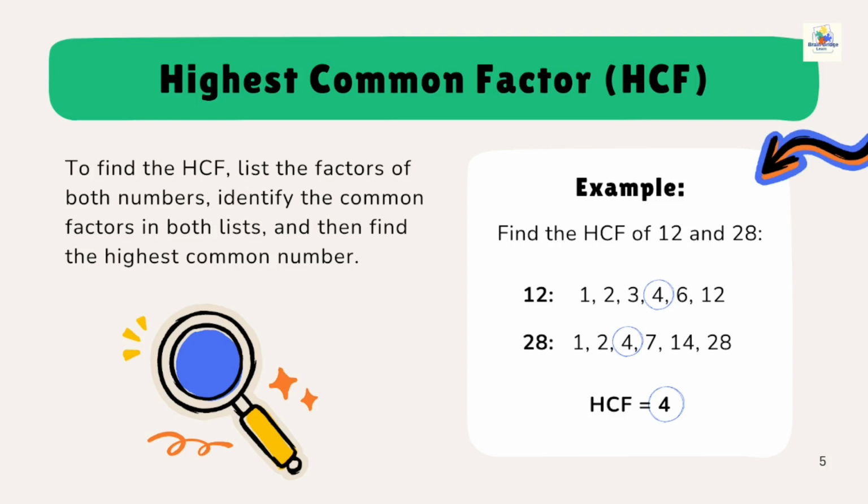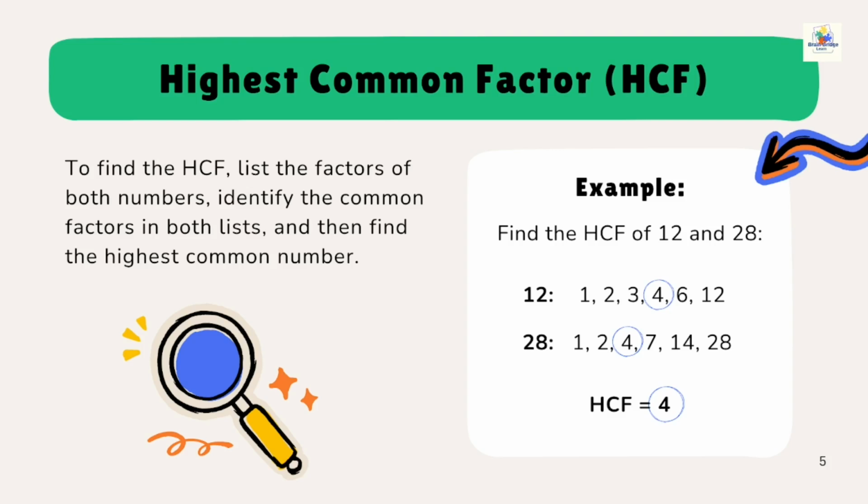1 is a factor of both 12 and 28. Same with 2, which also divides 12 and 28. But 3 doesn't divide 28. But 4 comes in both, as 2 and 1 also do. While 6 and 7 are not common, and same with 12, 14 and 28.